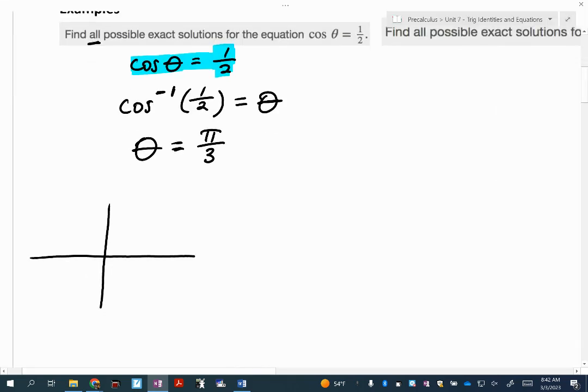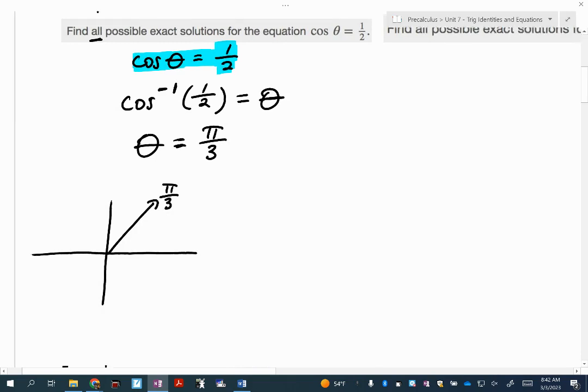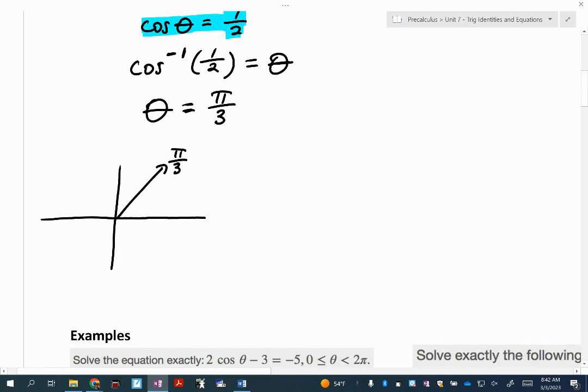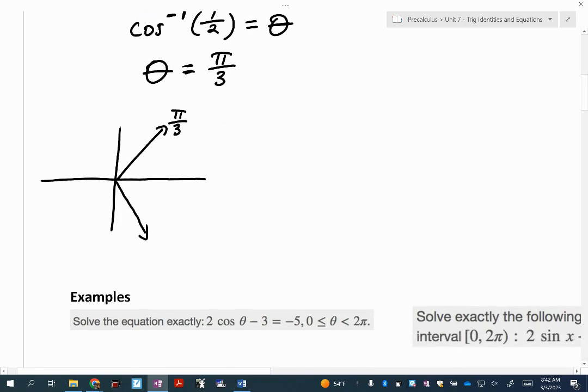In the first quadrant, that's going to be here, and we already know that's pi over 3. Cosine is also positive in the fourth quadrant, the last quadrant. To find that, all the way around is 2 pi, and we back up that reference angle of pi over 3. So you're subtracting 2 pi minus pi over 3, which gives you 5 pi over 3.